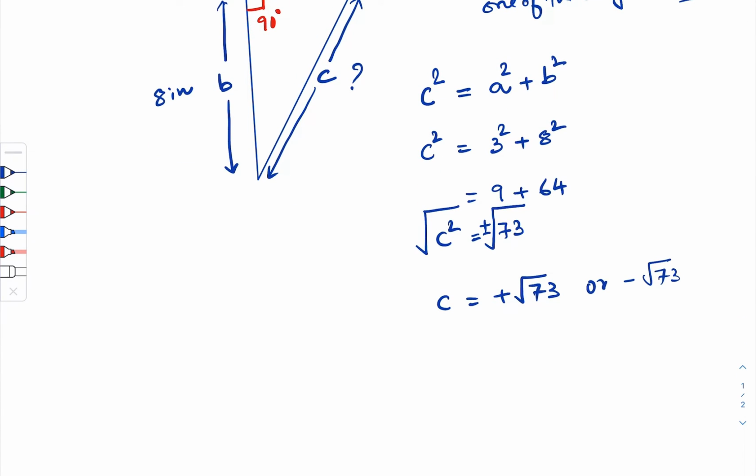Now, because I'm actually trying to find the physical length of a triangle, obviously the negative solution does not make sense in this case because you can't have a negative length. So therefore this solution is extraneous, and therefore the length is the positive square root of 73 inches.